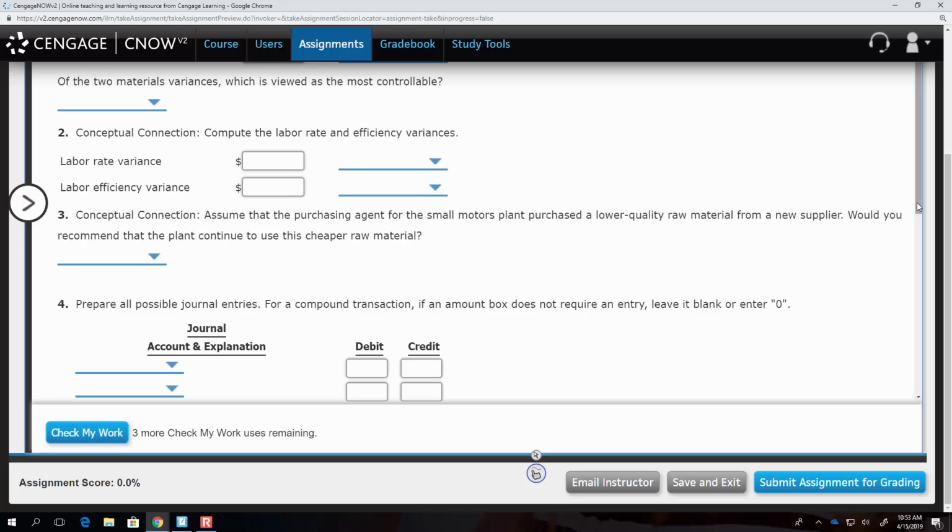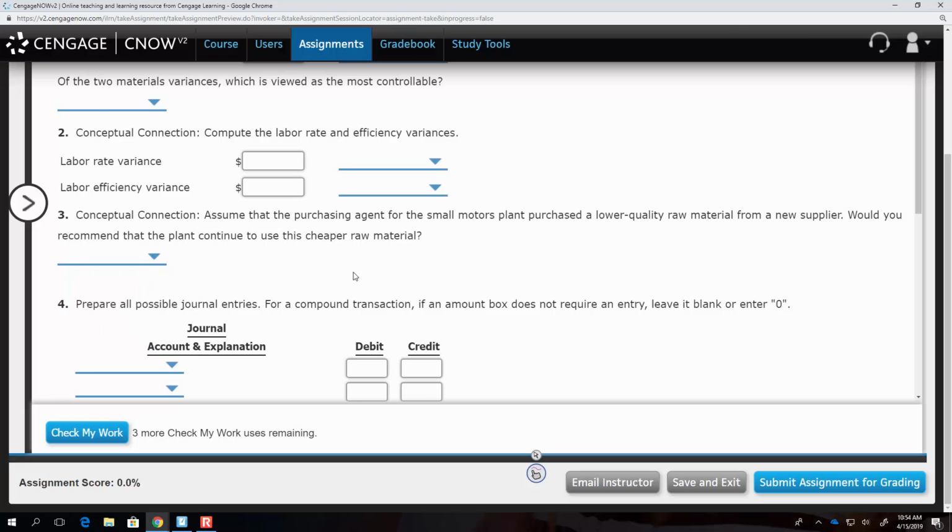Would you recommend that they continue to use the cheaper raw material? You got 3 choices, so it's pretty much a guarantee. But again, we've talked about this already, that a favorable variance is not always a good thing, right? So that's what that revolves around.